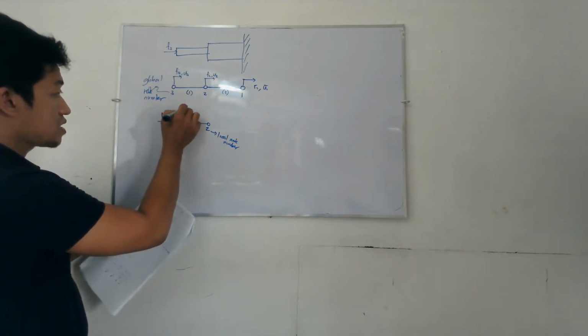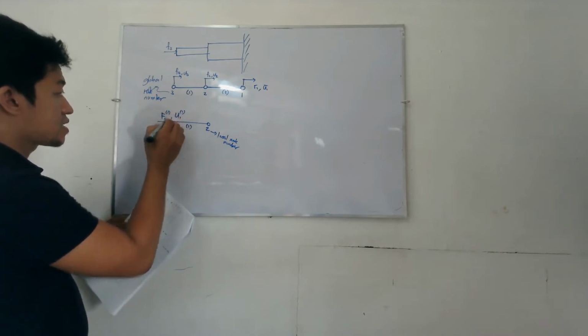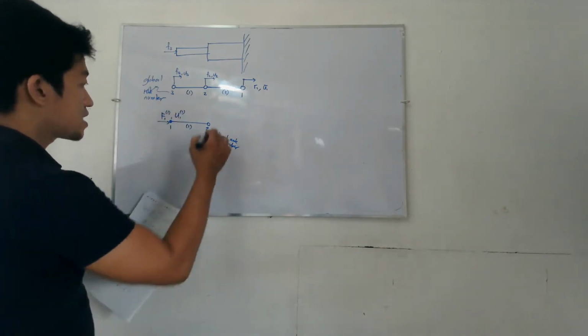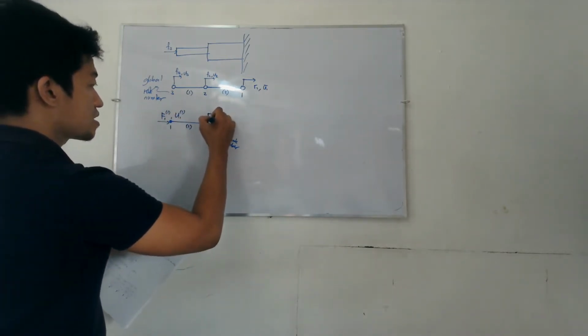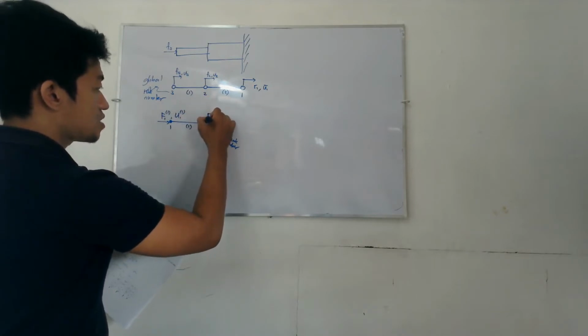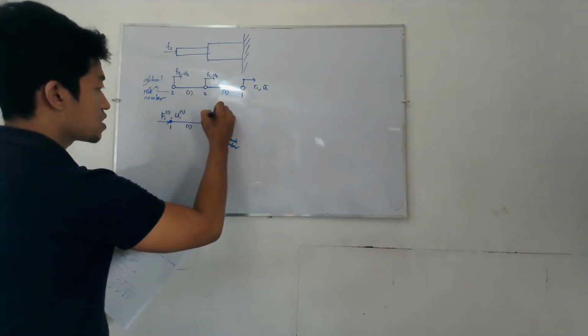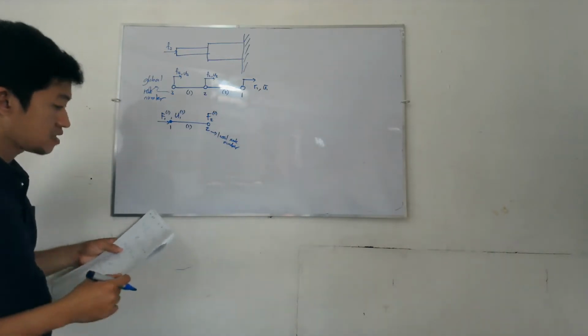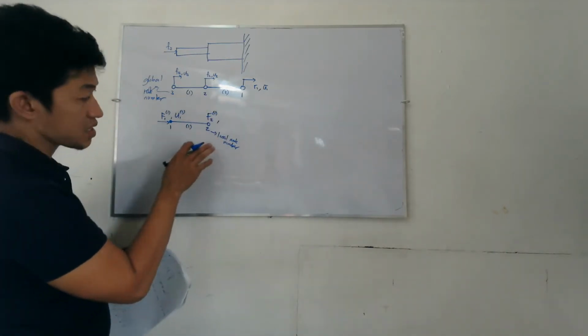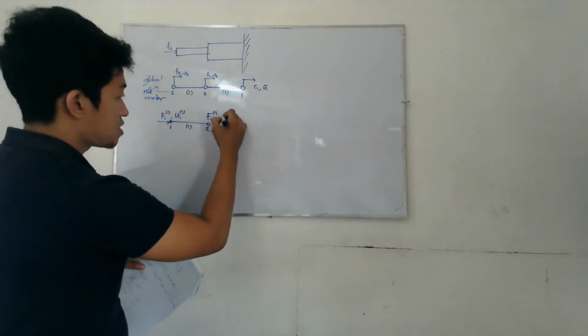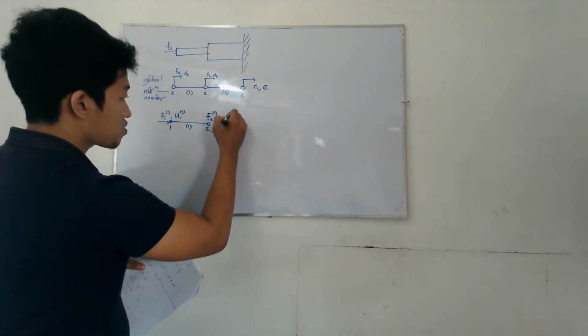U1 of element 1, right? Node 2 of element 1. Again, the subscript is the node number, so U2 of element 1.